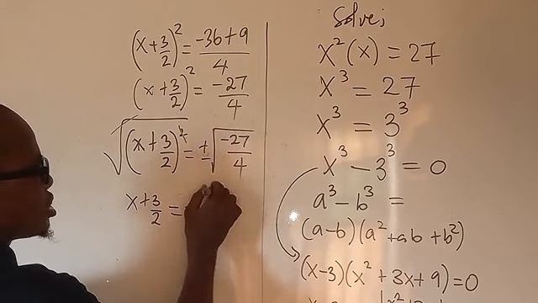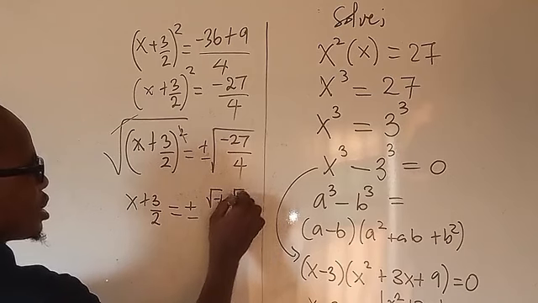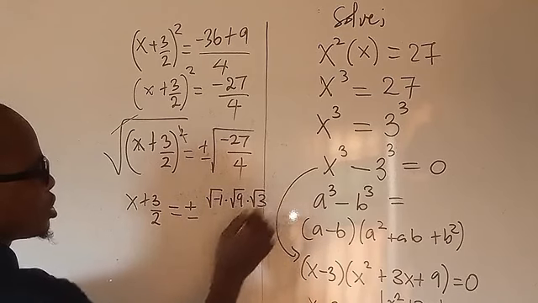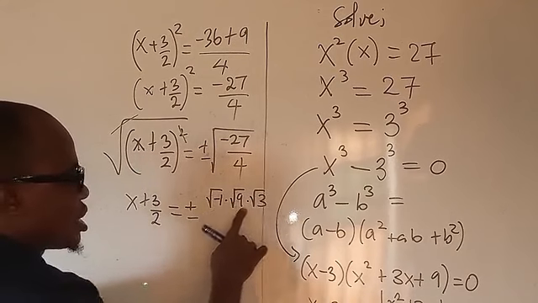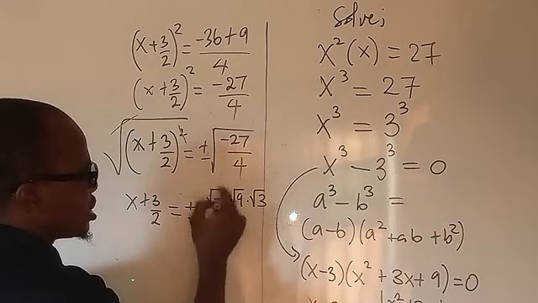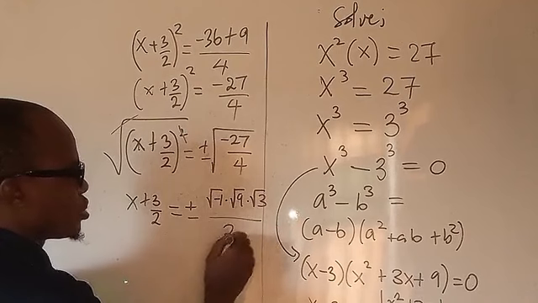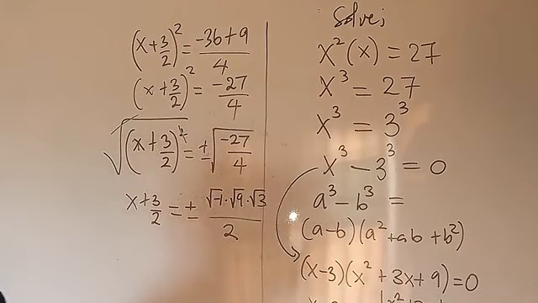Now here we can split this as minus 1 multiplied by 9 multiplied by 3, because minus 1 times 9 times 3, we are going to have minus 27. And the square root of 4 will be 2. Are you following?